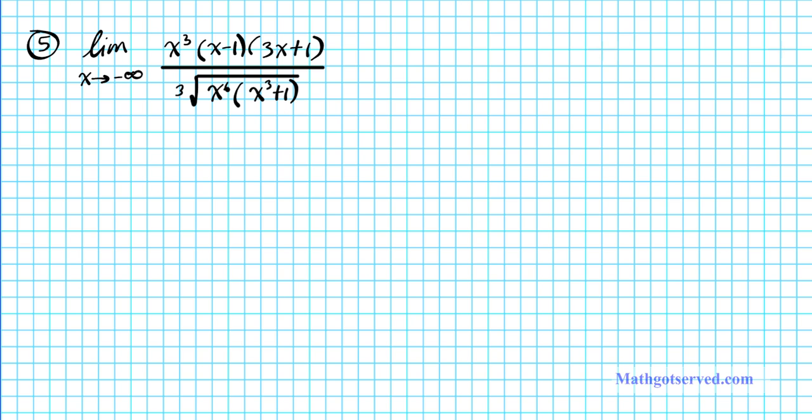So what is the term with the highest degree in the numerator going to be? Well, it's what you get when you multiply x to the third by x and then multiply your result by 3x. If you want to waste time, you can expand the whole thing and take the first term, but we don't have time to waste, so we just want to be efficient here. So what we're going to do is multiply those terms. Why did I select those terms?